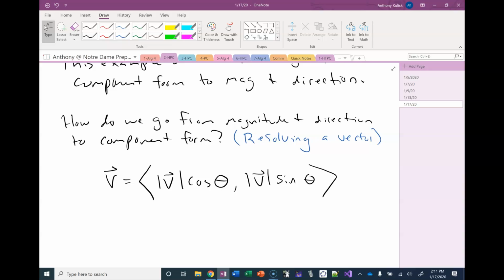The reason we do this is that component form is so much easier to manipulate because you don't have to do any geometry. If I'm adding two vectors or multiplying a scalar to a vector or doing any of these other calculations and I only have magnitudes and directions, I'm stuck doing a lot of tedious geometry.